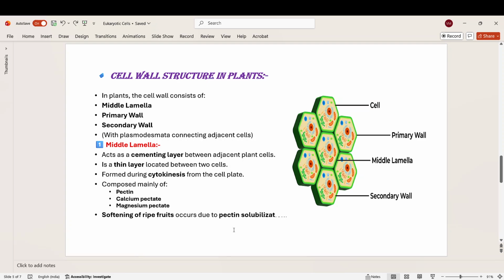It lies between two adjacent cells. It is formed during cytokinesis when the cell plate is formed. The middle lamella is mainly made up of pectin, calcium pectate, and magnesium pectate. When fruits ripen, pectin becomes soluble. This is why fruits become soft.